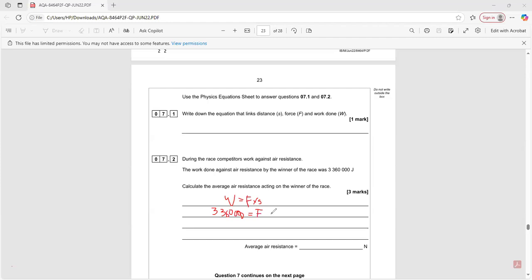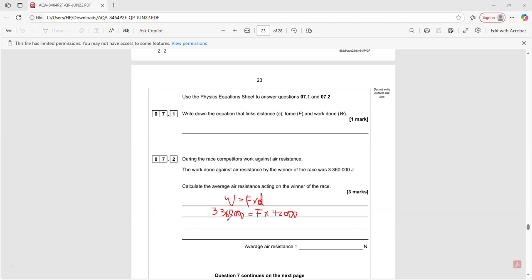The air resistance is in Newtons times the number of these. S here is not speed, though, it is distance. I usually like to use D, so let me use D to avoid confusion. So D is the distance, and the distance they told us is what? 42,000. You remember?